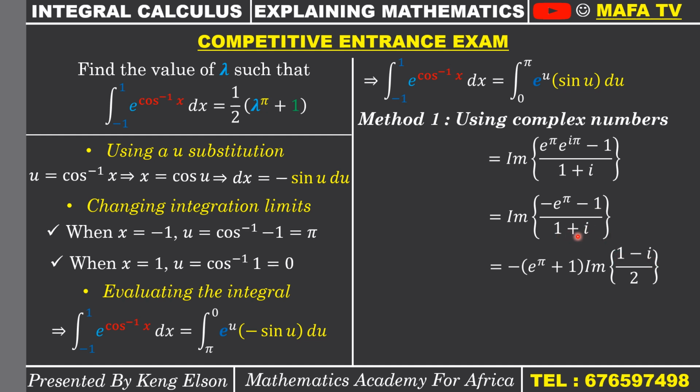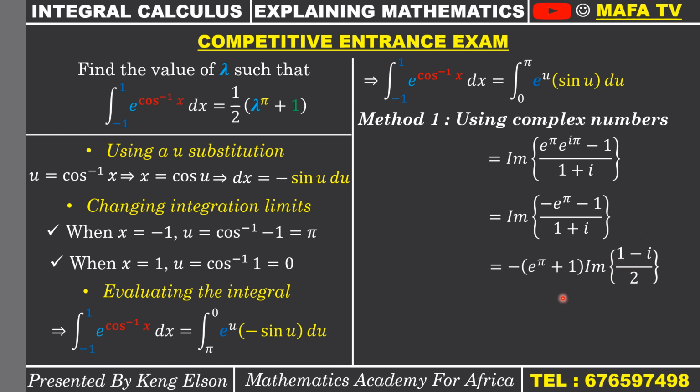When I multiply the denominator with its conjugate, I'm just going to have 2. That is, 1 plus i times 1 minus i is just the sum of the squares of the real part and the imaginary part. So I'm going to have 1 squared plus -1 all squared, or 1 squared plus 1 squared, which is 2. So this is what we have.